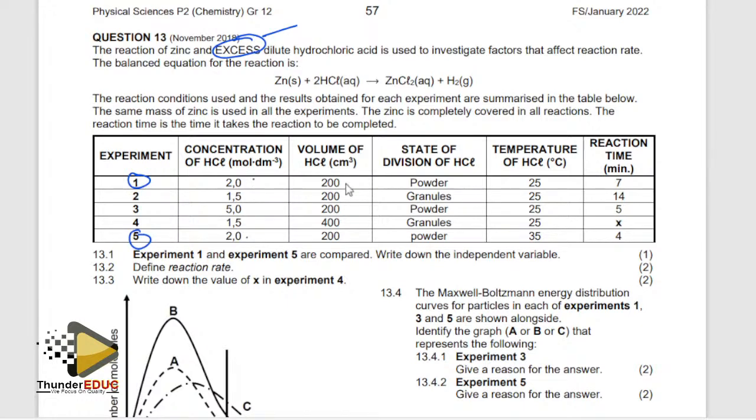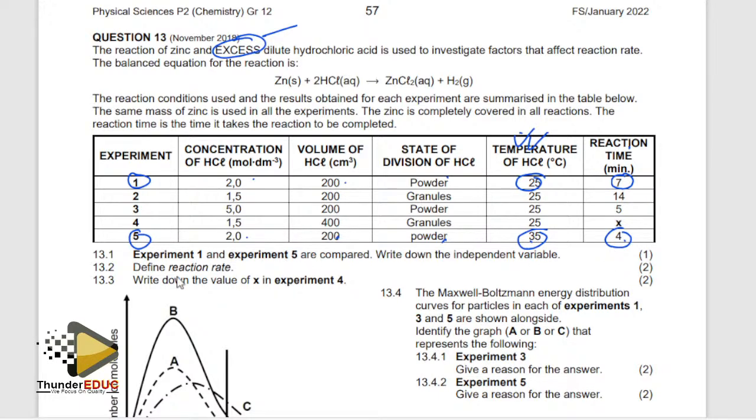This is the same, this is the same, this is the same. This is different, and then time is also different. When I increase the temperature, the time reduced, meaning that the independent variable here is going to be temperature. So temperature will determine the speed at which this reaction is taking place.